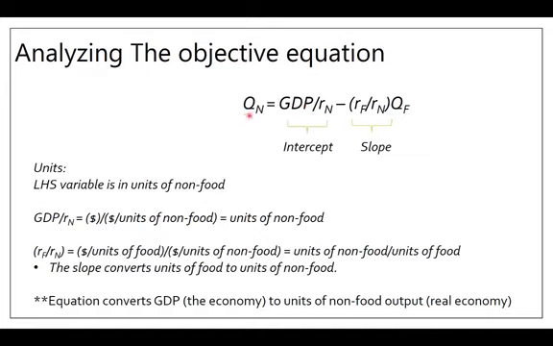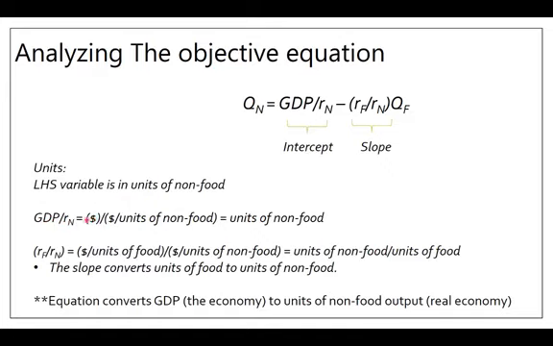And if you want to think about it, if the left-hand side of this is a quantity of non-food, then everything on the right-hand side had better be measured in the same units. And so just as an aside, before you think about doing any analysis, you could think about what kind of units conversion is required.